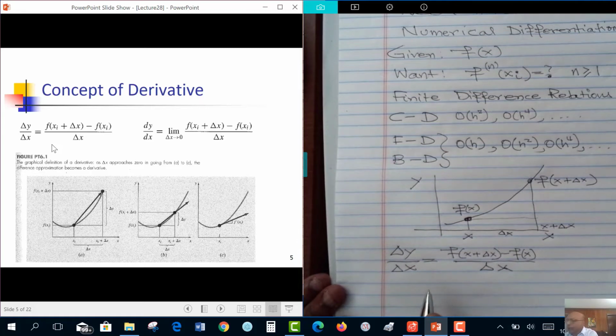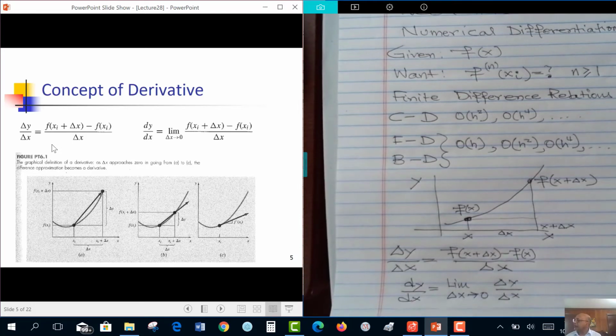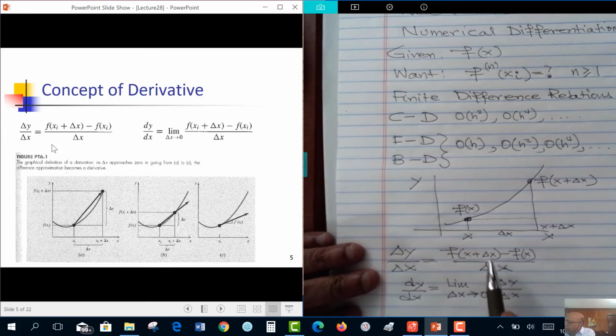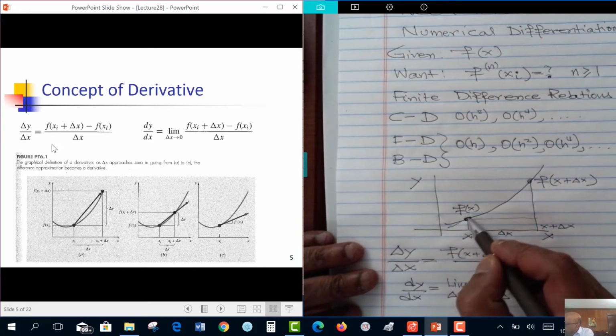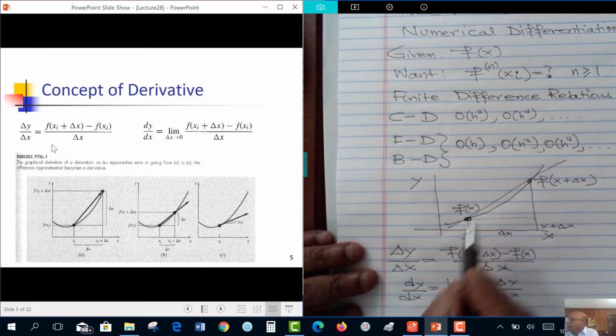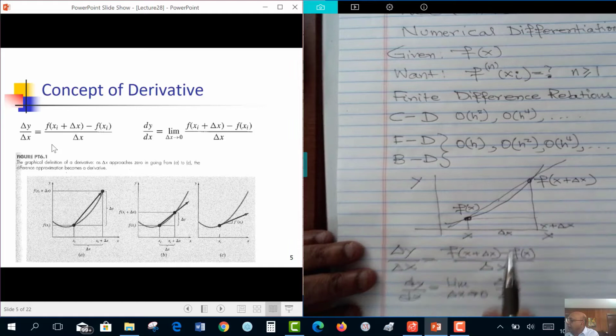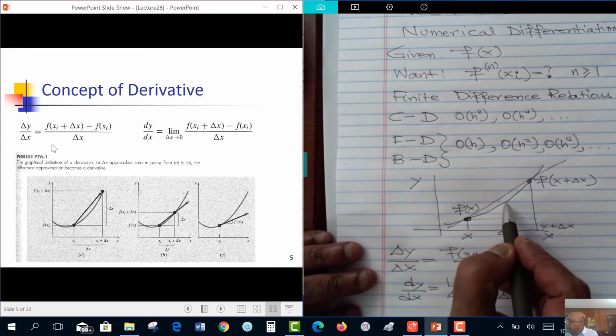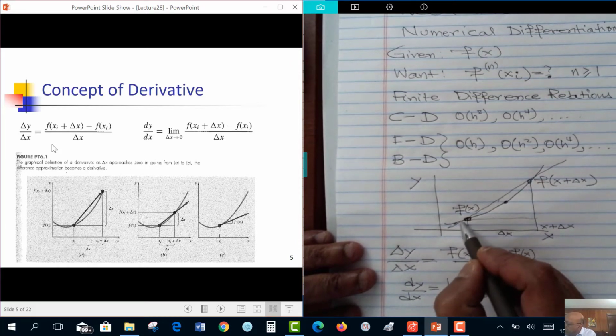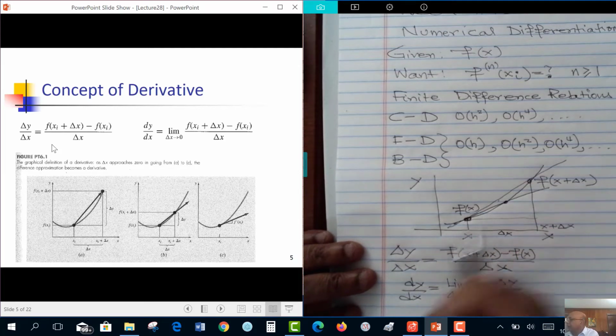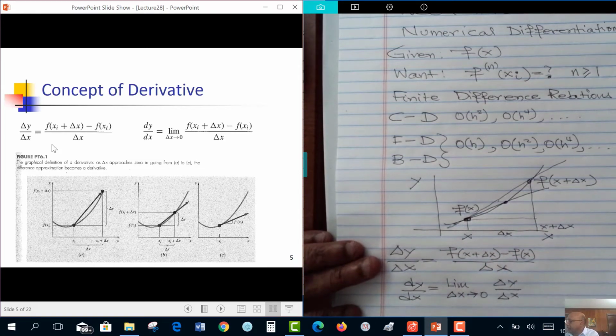Then we say that dy dx, the derivative of y, is the limit when delta x goes to 0 of this quantity delta y over delta x. So you can see if I use this relation as shown in the figure, I will estimate the derivative to be slope of this line. Now if I start reducing delta x, let's say I reduce delta x to here, then slope of this line would be my delta y delta x.